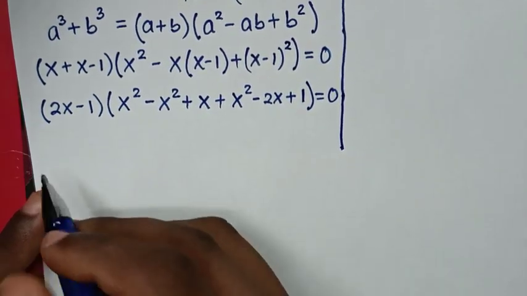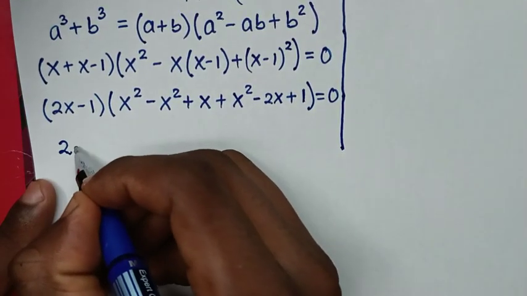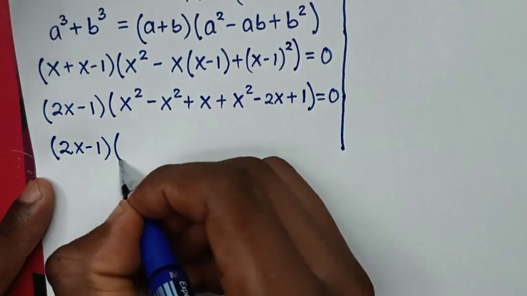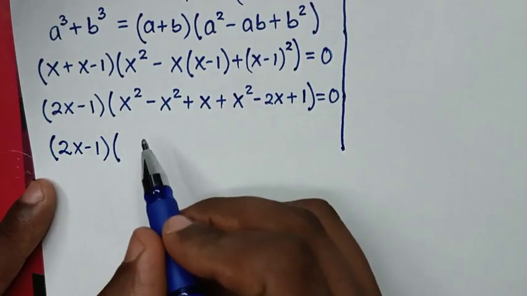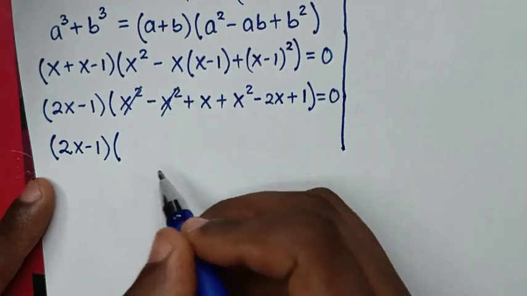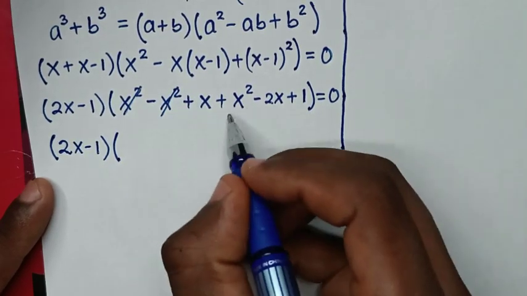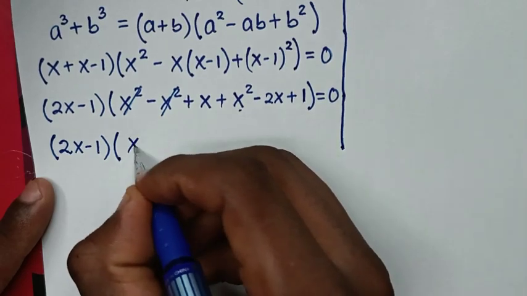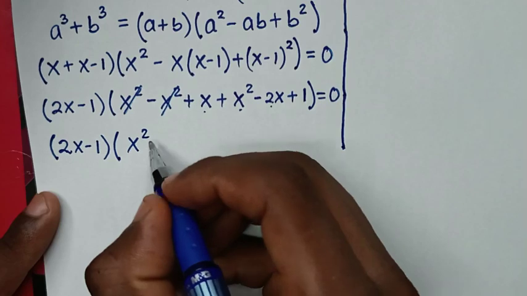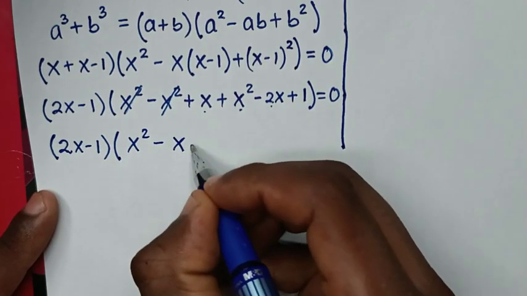Then in the next step, it will be (2x - 1), then bracket. From here, x^2 minus x^2 is 0. So this and this will cancel. Then it will be this x^2 here. Then x minus 2x, it will be negative x.